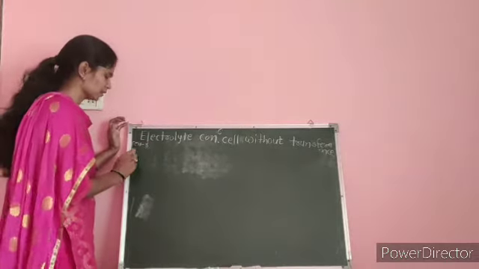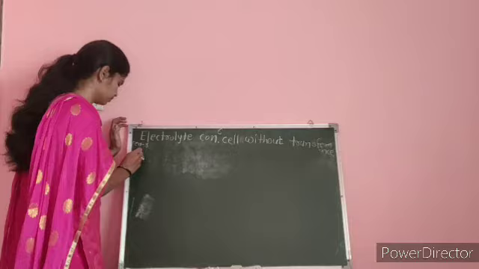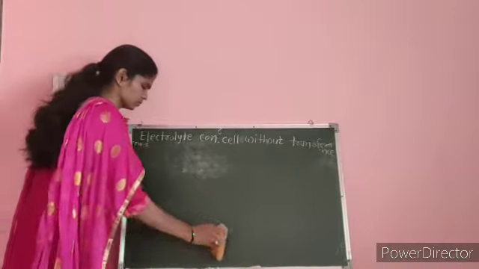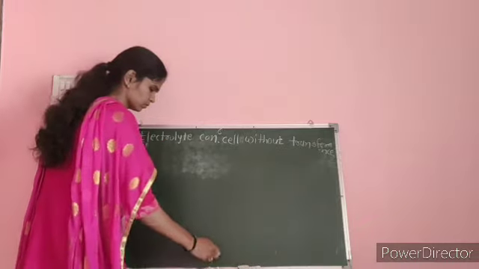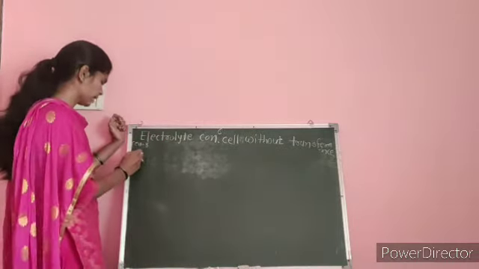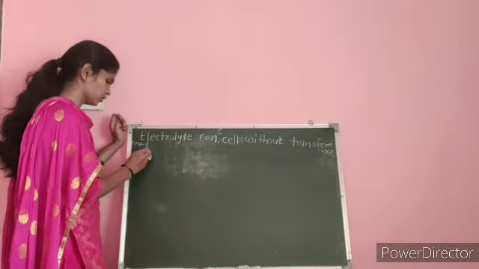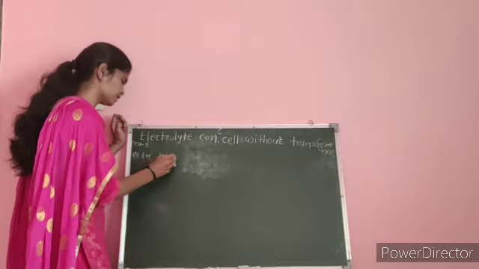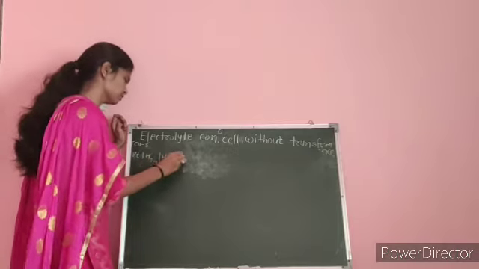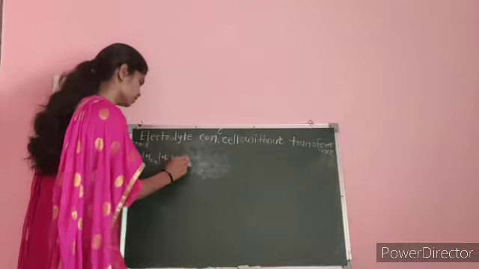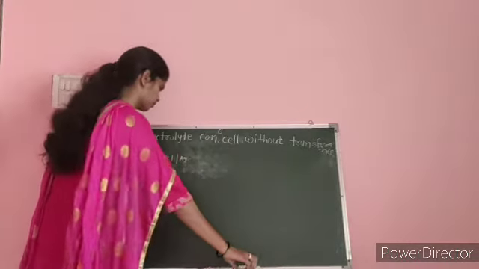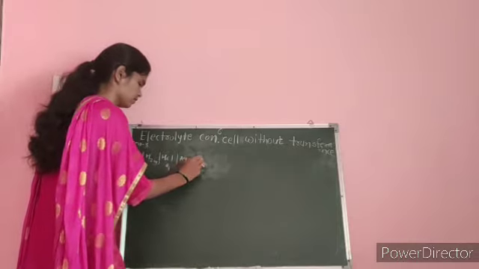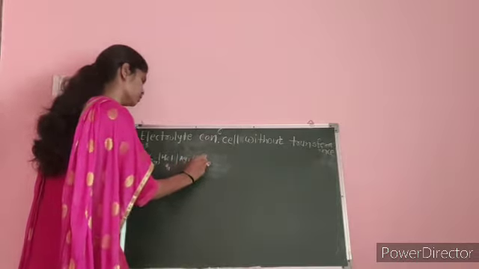First write down for cell, that is platinum, H2 gas with HCl with A1 concentration, AgCl, Ag electrode.